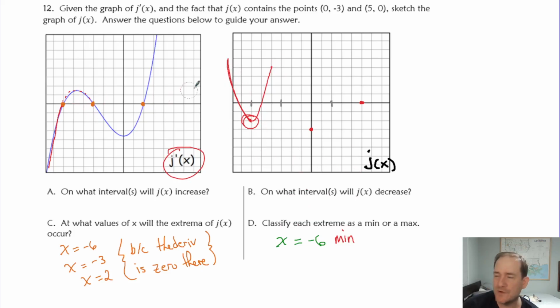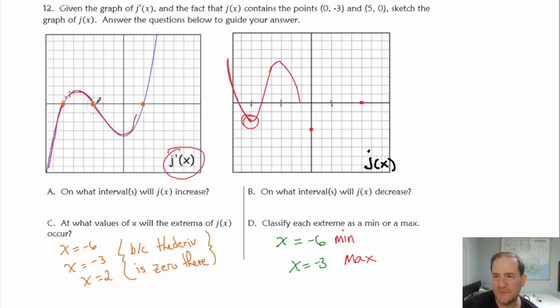Now by the same token, as I approach -3, the derivative is positive. So we're still increasing. But then we get to -3 and we're 0. And then we're negative, which means we're decreasing. So to the other side, we're decreasing. That seems like pretty hard evidence that at x equals -3, the original function has a max. And then just do it again.